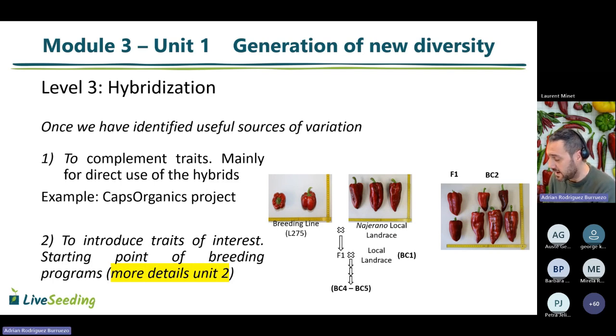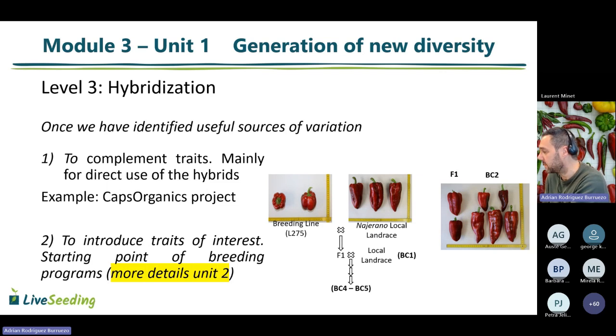The advantage of F1s is that crossing two different parents, you can also explore the concept of hybrid vigor and high yields, apart from combining the best traits from both parents.